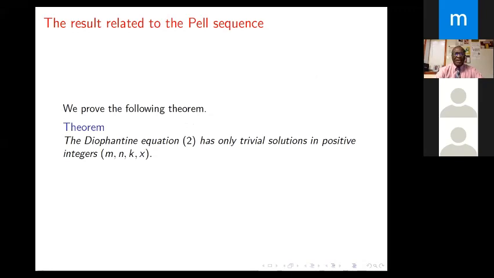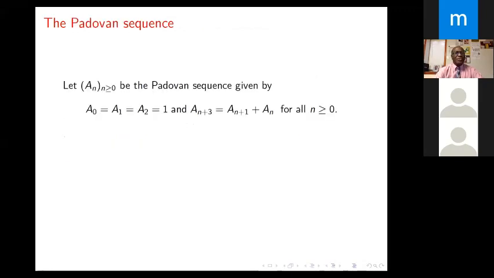And after that, we consider what is called the Padovan sequence. By the way, the Padovan sequence is defined by 3 initial terms, A0, A1, A2, equal to 1. And we have a recurrence sequence. If you look at the previous sequences I discussed, we have n plus 2.